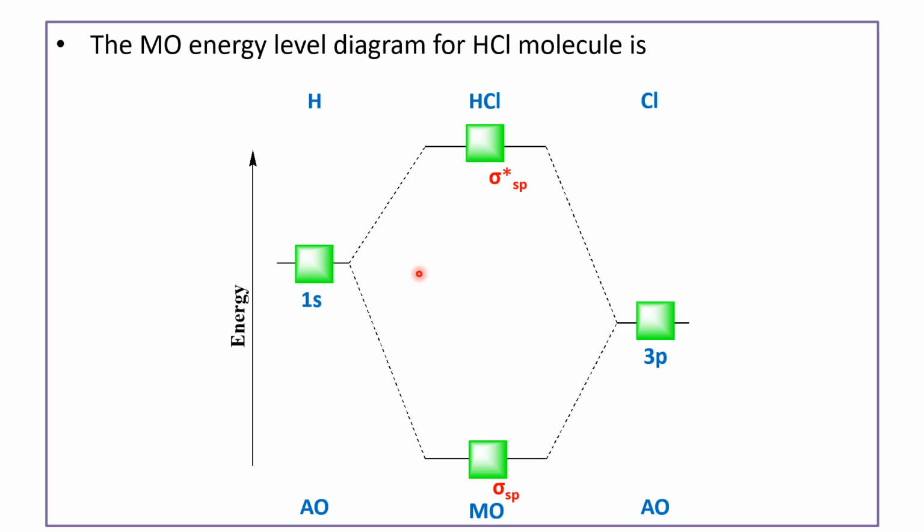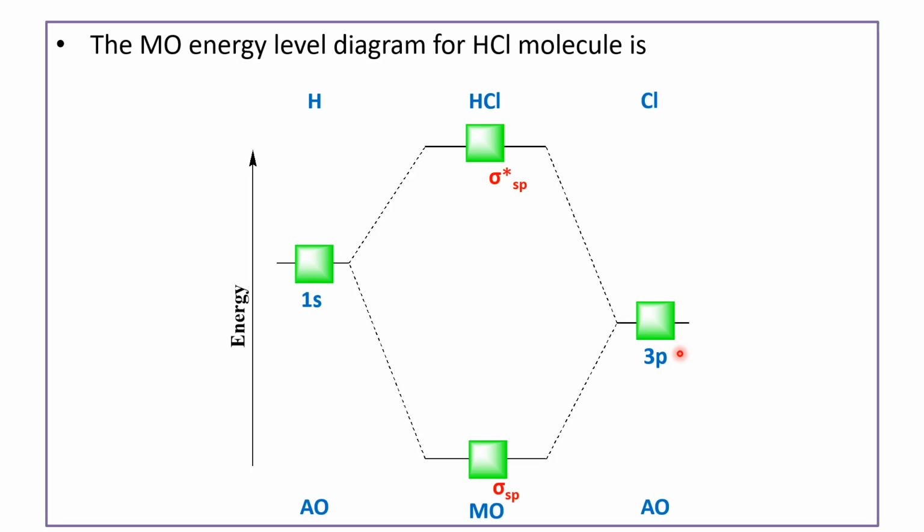So the 1s orbital of hydrogen and the 3px orbital of chlorine differ in energy; their positions are different. They differ in energy to some extent, so there is a lack of symmetry in the MO energy level diagram. As a result, the HCl molecule is a polar molecule, and the HCl bond is a polar covalent bond.